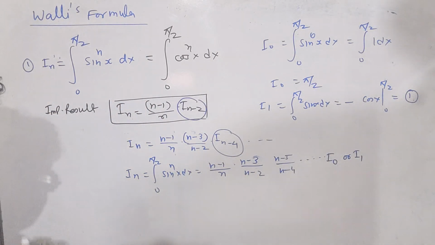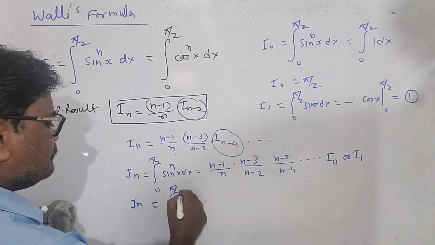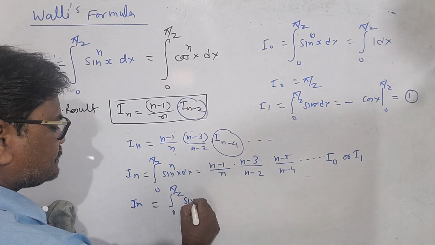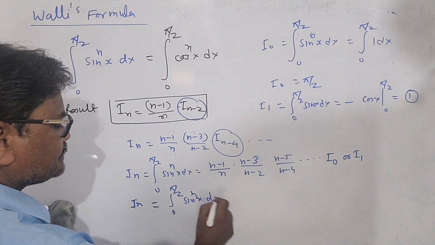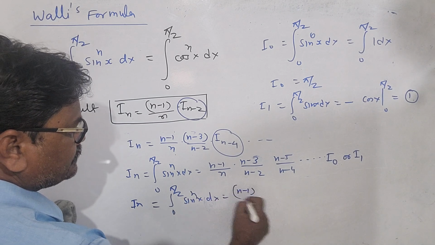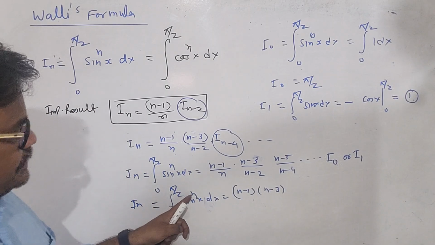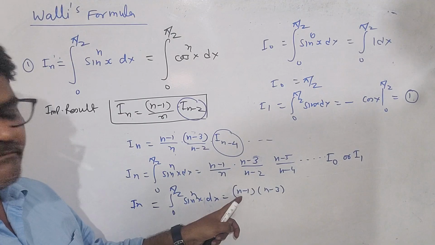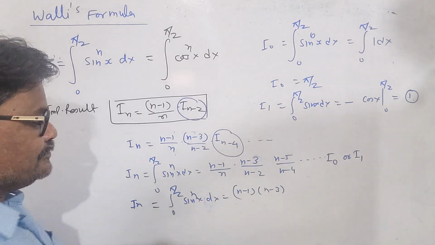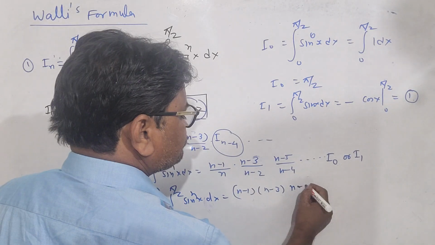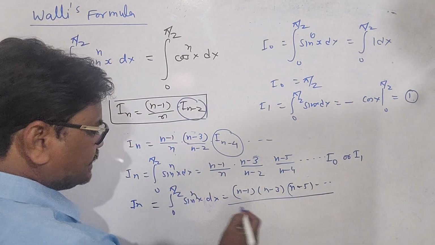Now therefore I can write this as In equal to the integral from 0 to pi by 2. Now see, very interesting, this is n minus 1 into n minus 3. So first I have reduced n by 1, then I start reducing by 2. So this is n minus 5, and like that. Correct? And here this n comes.